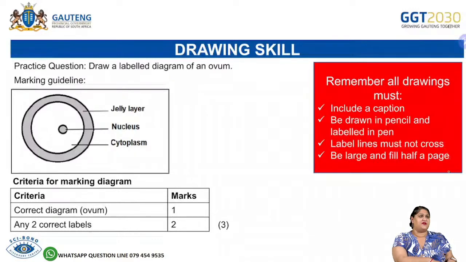They might not ask you to just randomly draw a phase of meiosis. They could be asking you to draw a specific phase. You need to look at the context of that question when you are drawing, right? And then in human reproduction, they can ask you to draw the ovum and the sperm cell. Those are the two common ones that they can ask you to draw.